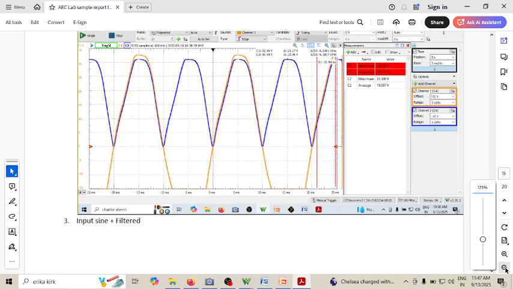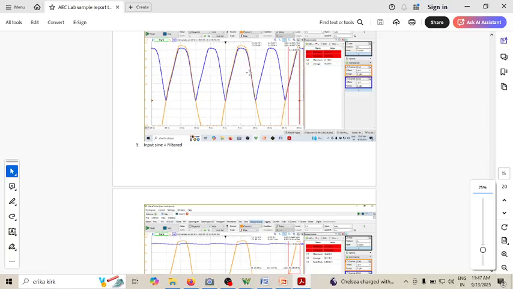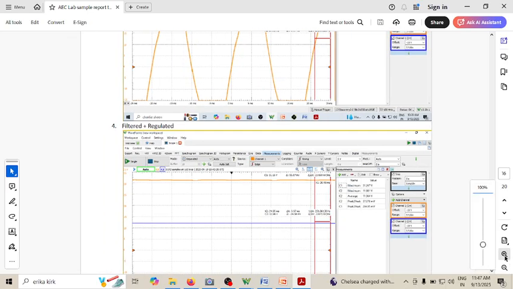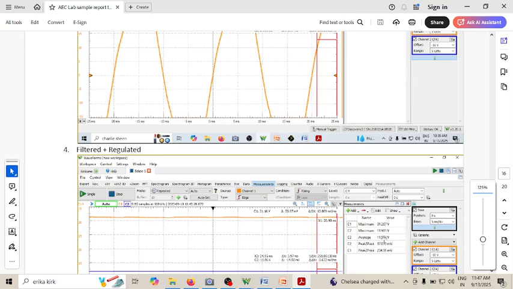Then comes the fully rectified output, then the filtered one, and then the filtered and regulated one. Can you see the regulated is at 12 volts? Carefully observe, the output regulation: C2 average is 11.954.